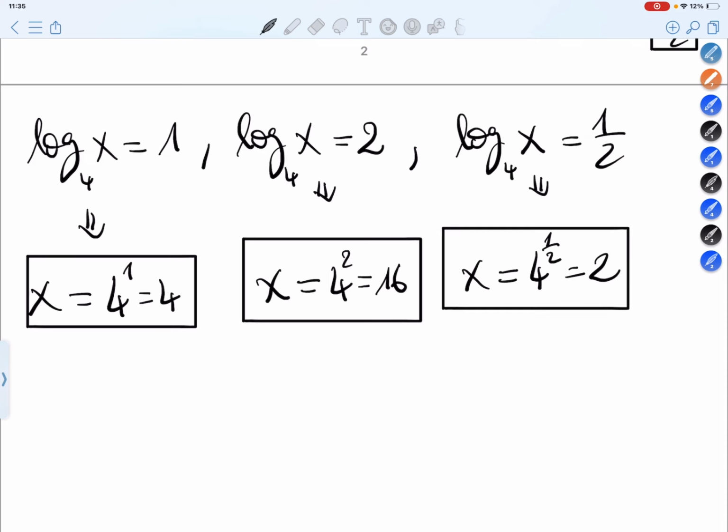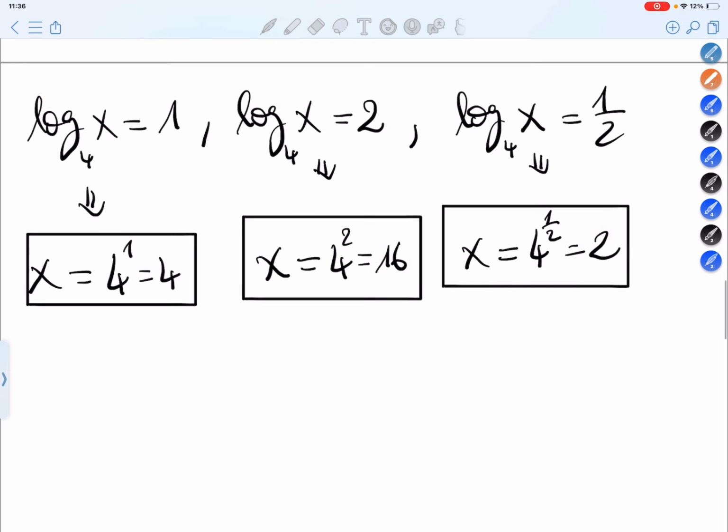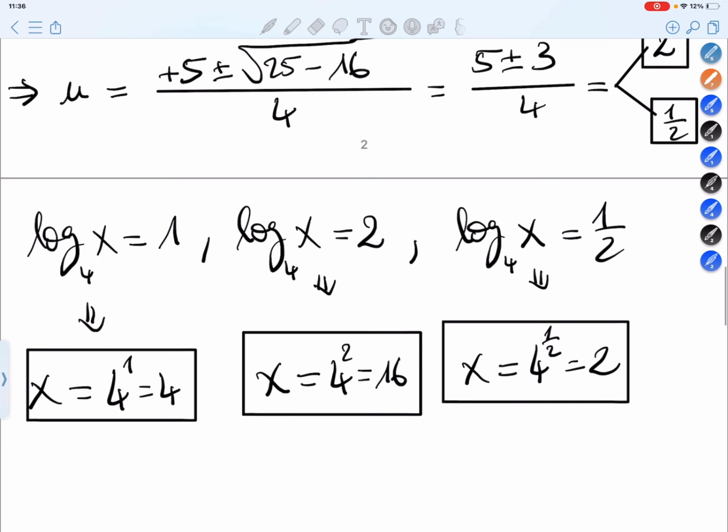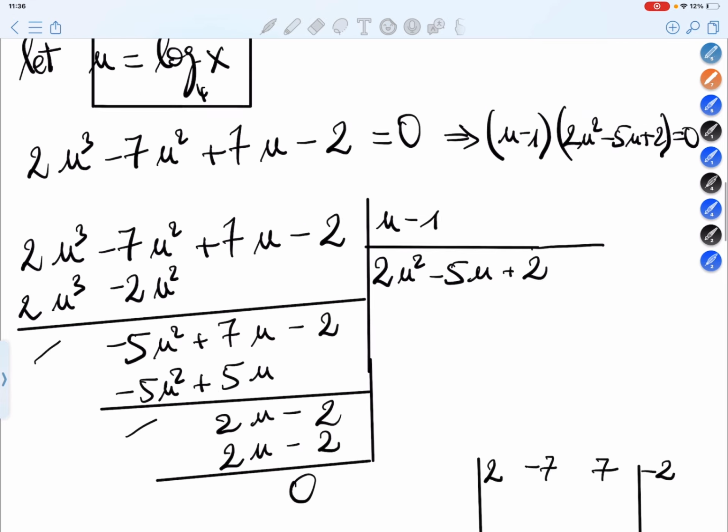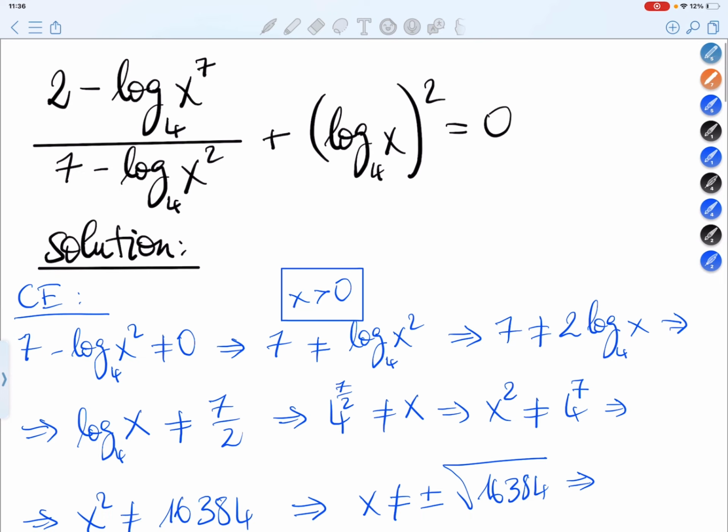So our three solutions are 4, 16, and 2. Right, this is basically how to solve this logarithmic equation.